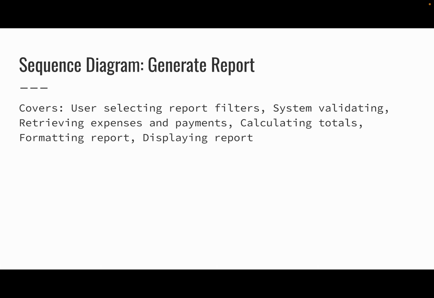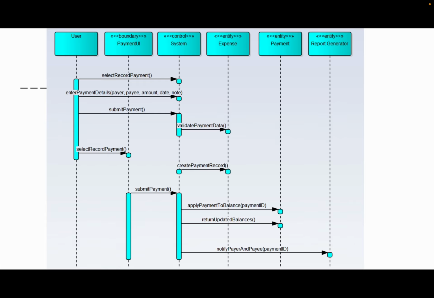It calculates the totals, it formats the report, and displays the report. So if I were to expand on that, I'd just say that the diagram itself helps to visualize the order of operations behind the report generation. This means that we're able to see the steps that lead to the report being generated.